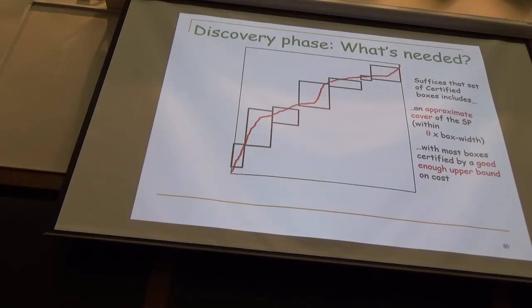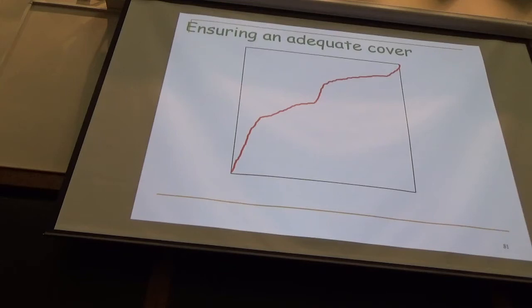Then that's good enough. If the discovery phase finds a set of boxes like this, then that will be good enough for the second phase to get a good estimate. So let's call that an adequate cover of the path by boxes. So how do we ensure an adequate cover?